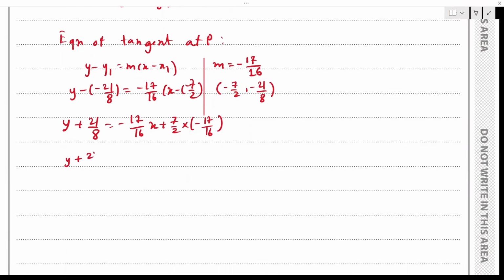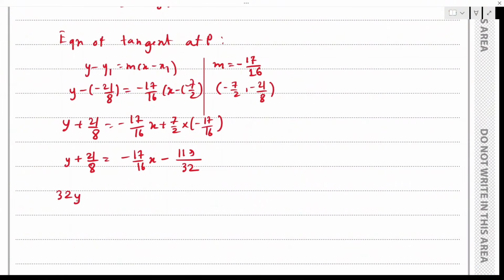Now what is left to do is simplification. We can multiply both sides of our equation with 32.